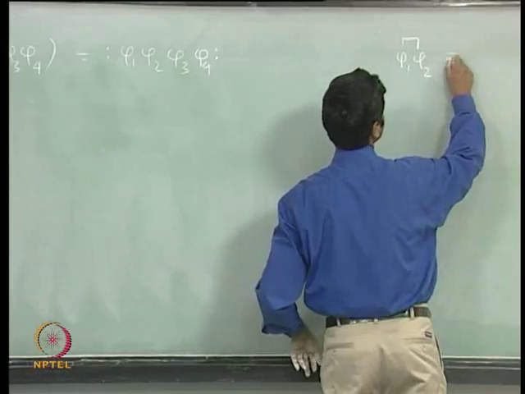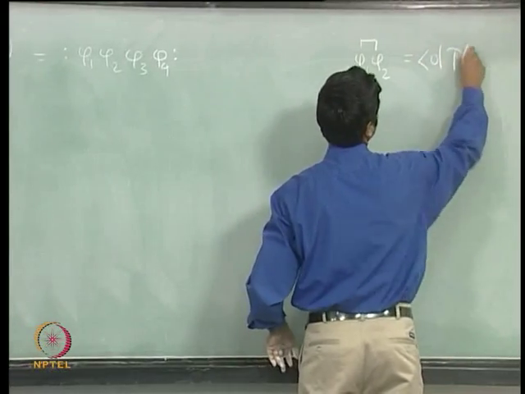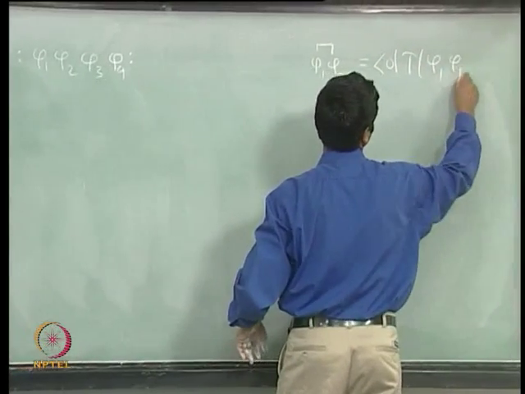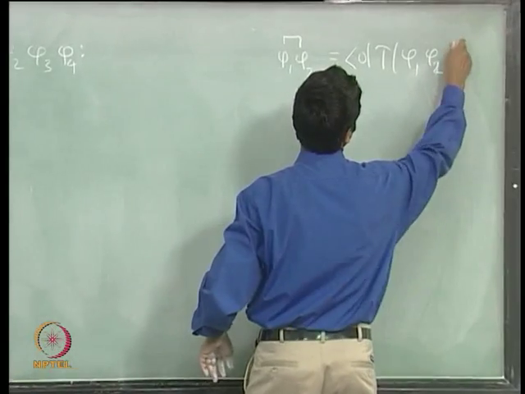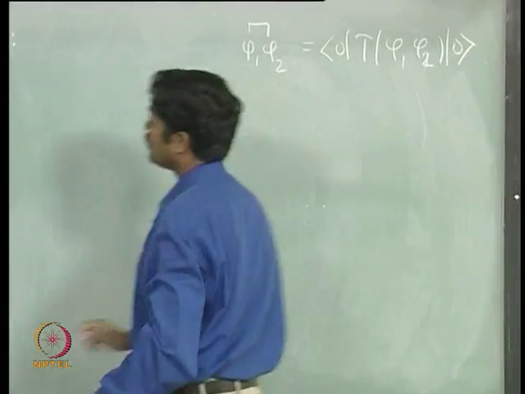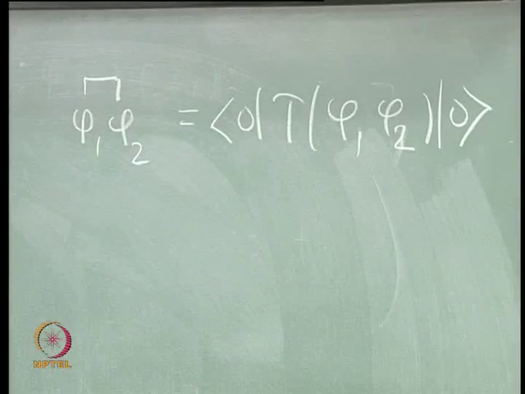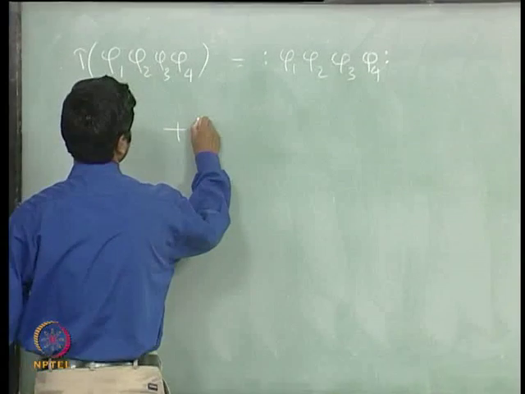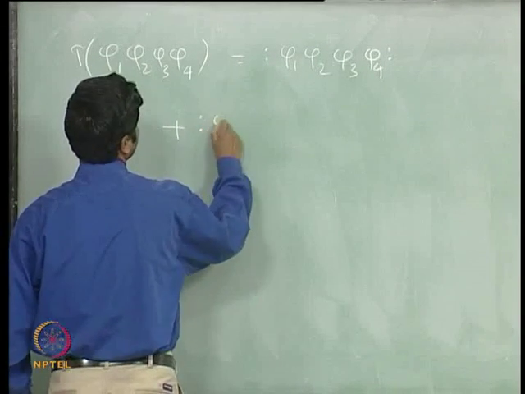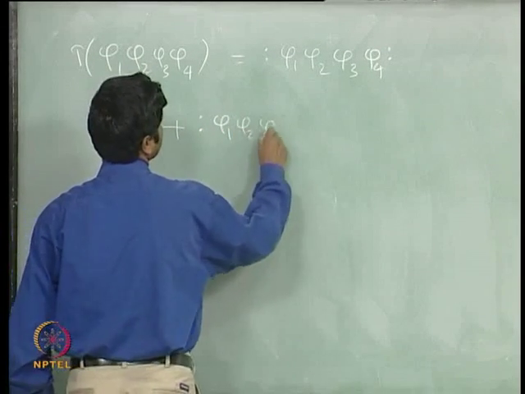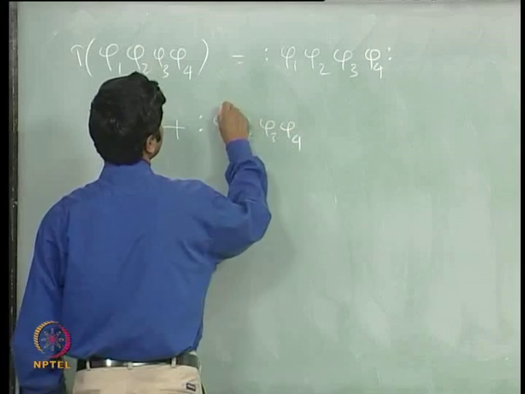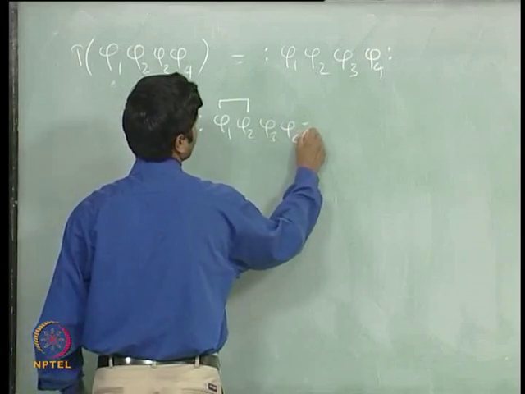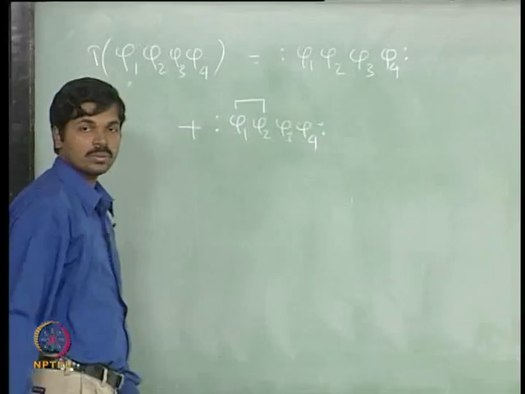I will denote it with this symbol. This is equal to the vacuum expectation value of the time order product of phi 1 and phi 2. So, now you consider all pairs of the fields and then contract them.